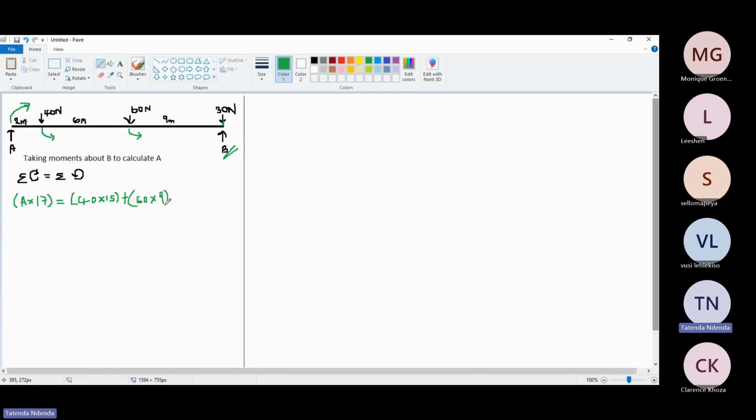Then we close this bracket, meaning that now 17A is equivalent to 40 multiplied by 15, which is how much? 600. So I'm going to say 600 plus 60 multiplied by 9 is how much? 540.